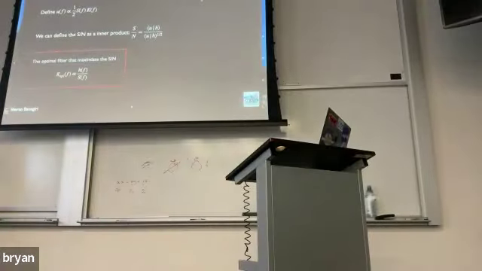So if you have u times v, that would be u v cosine theta, and the vector v that maximizes this inner product would be the vector that is parallel to u. So that's basically what we're doing here.